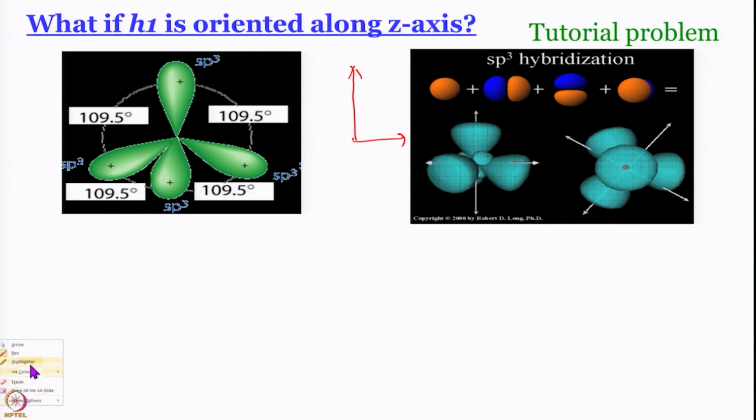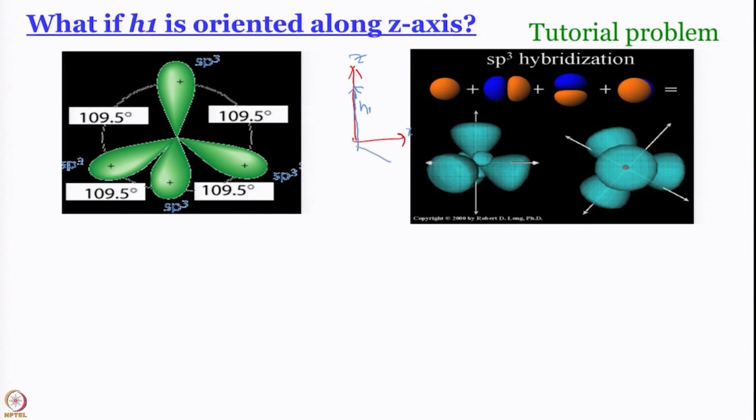This is the z axis, this is the x axis, the y axis is pointing towards us, let us say. Since I can change color, I will change color. What I am saying is, I will put H1 along the z axis, this is H1, and I will keep H2 in the zx plane. This is x, this is z, sorry, I should have written that.